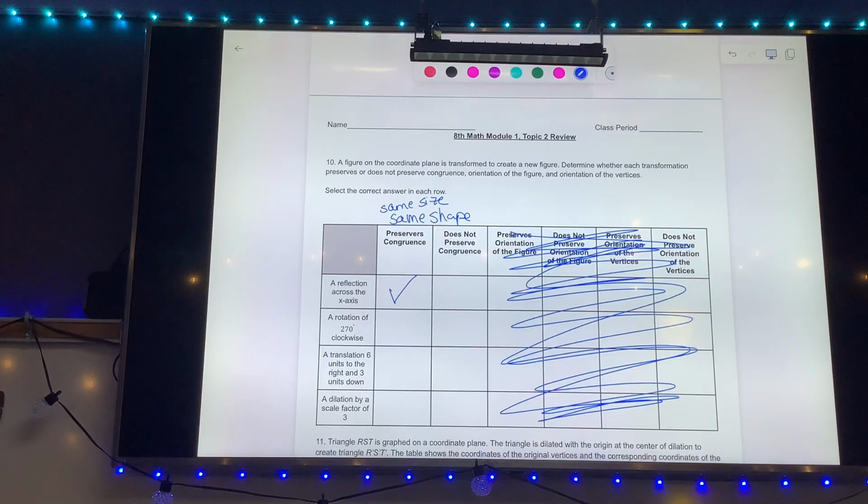If you are rotating it, it is preserving congruence. If you are sliding it 6 to the right and 3 units down, you're preserving congruency. You are not changing its shape or size. But if you're dilating by a scale factor of 3, aren't you making it bigger? So it will not preserve congruency.